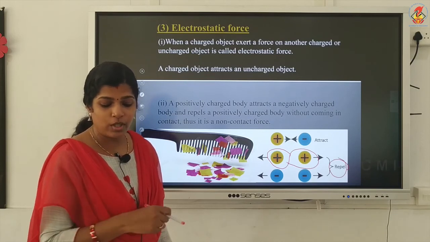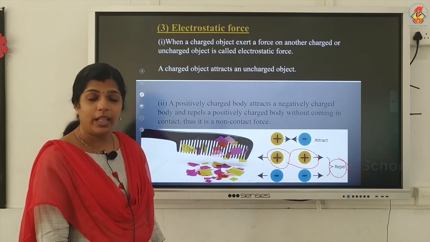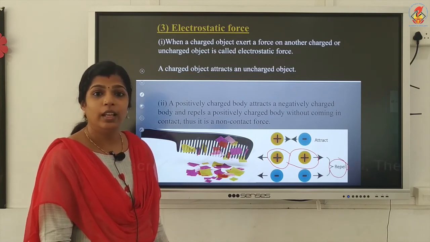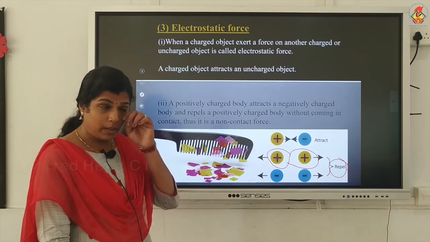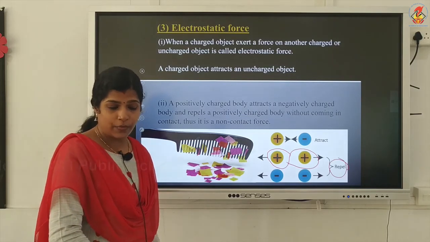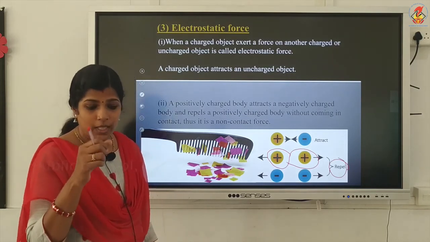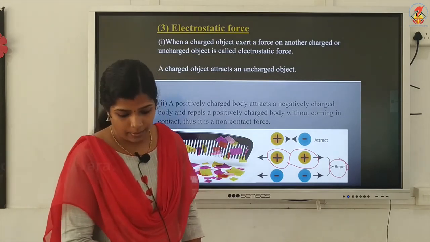And that electrostatic charge can exert a force, and that force is known as the electrostatic force. Because of this force, small pieces of paper move towards the scale.